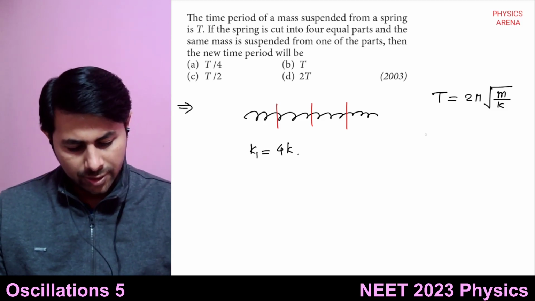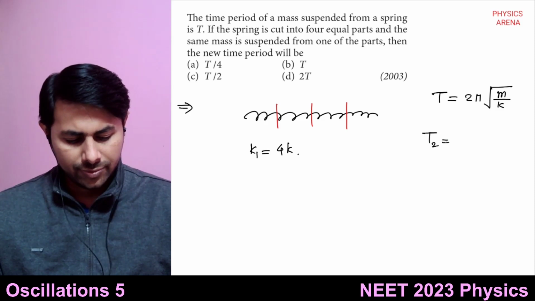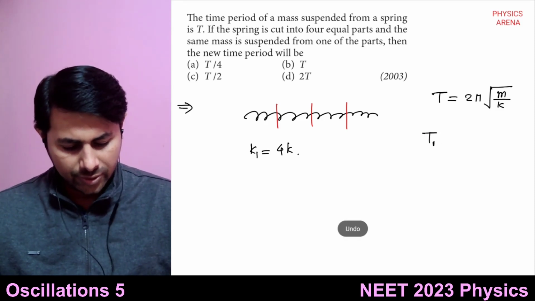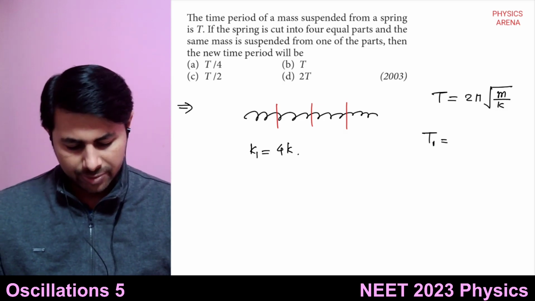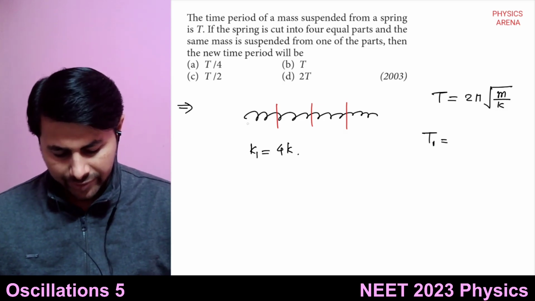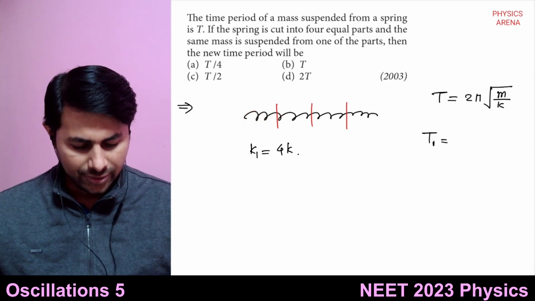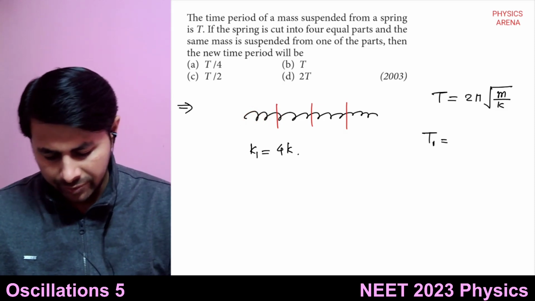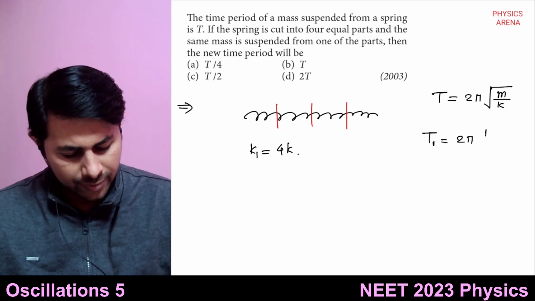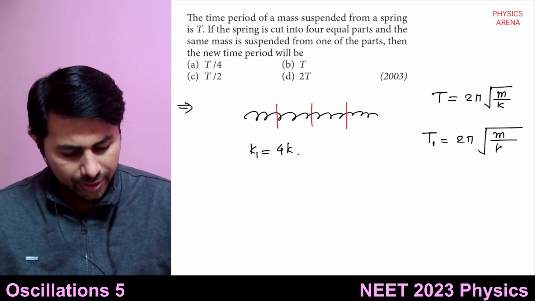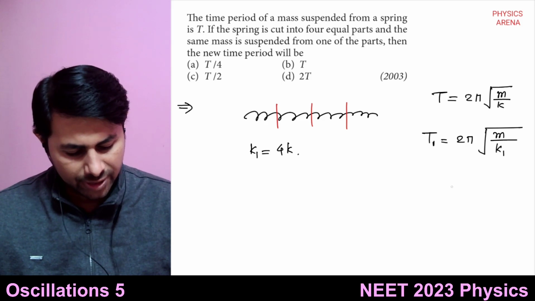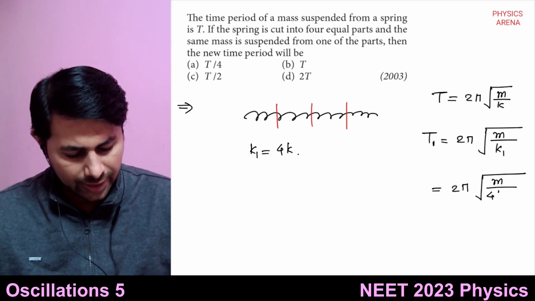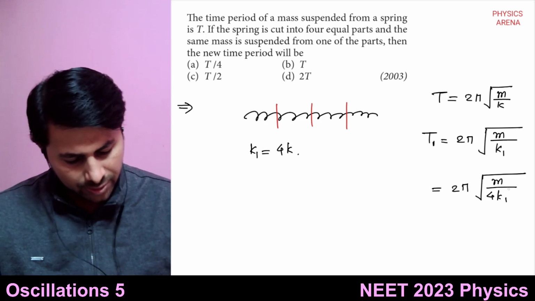So let's call it T1. After cutting the spring and taking one of those parts, you get the time period T1 equals 2 pi root of m upon K1, which is 4 times K, so which is 2 pi square root of m upon 4K.